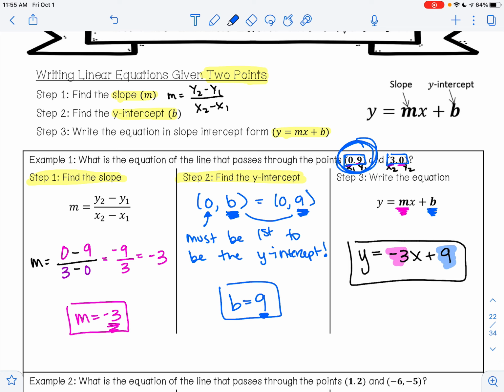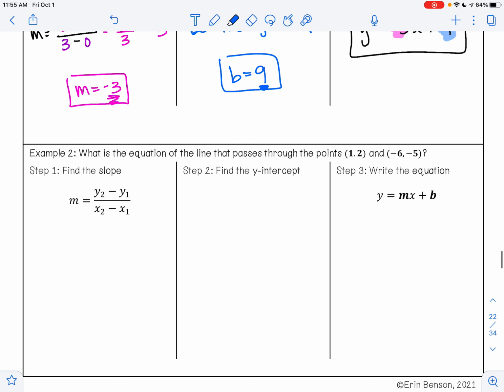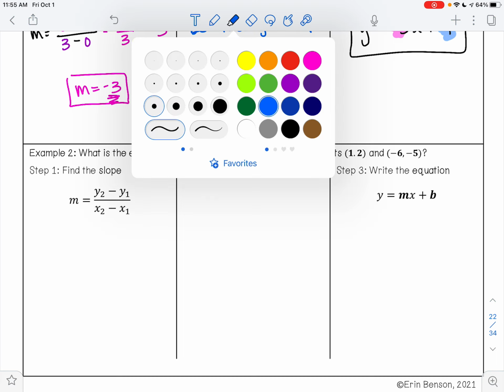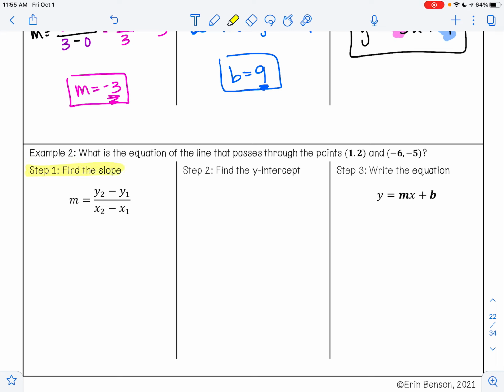Let's try this again with example 2. So on example 2, it says, what is the equation of the line that passes through the points 1, 2, and negative 6, negative 5? First thing that we need to do is we need to find the slope.